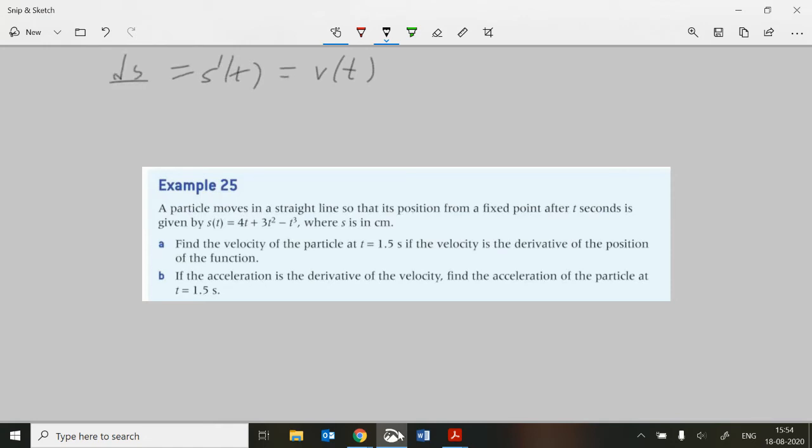What's s dash of t? The change in s divided by the change in time at that particular instant. It's the instantaneous velocity, sorry. So it's small change in s divided by small change in t. We're looking for our derivative, or the rate of change of our displacement. That's what velocity is, rate of change of our displacement.